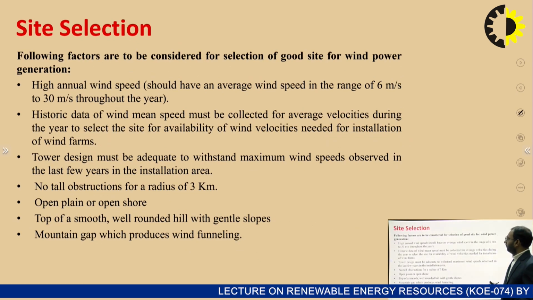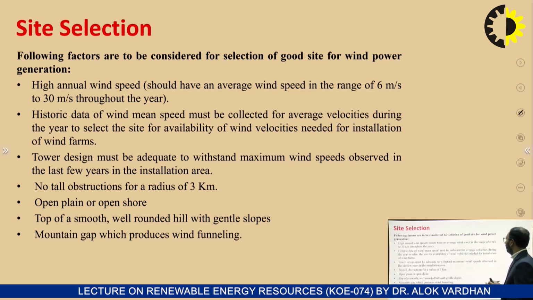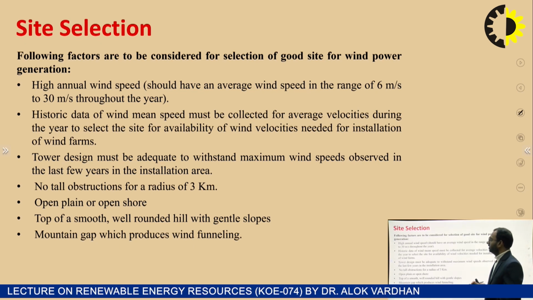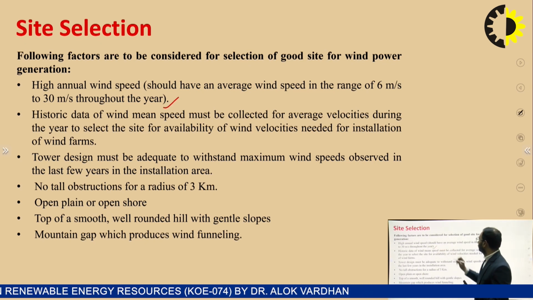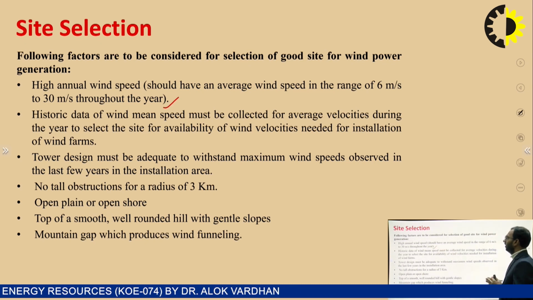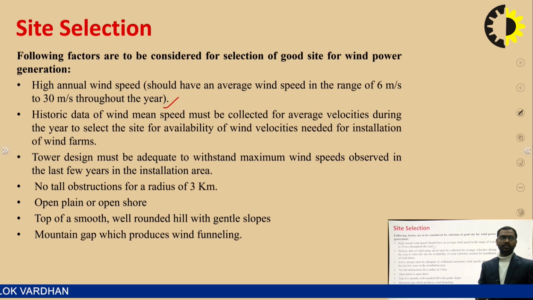So these are some factors which should be considered for selection of a good site for wind power generation. The first one is high annual wind speed; it should have an average wind speed in the range of 6 meters to 30 meters per second throughout the year.